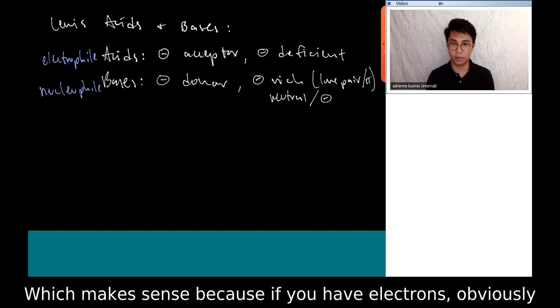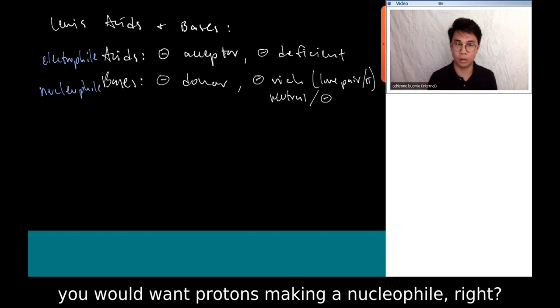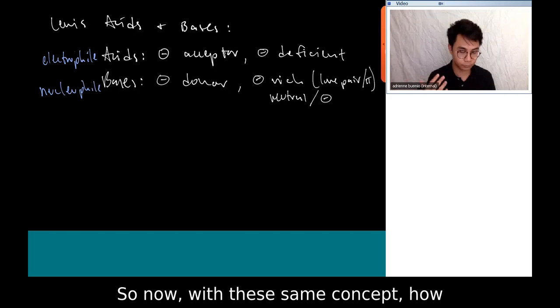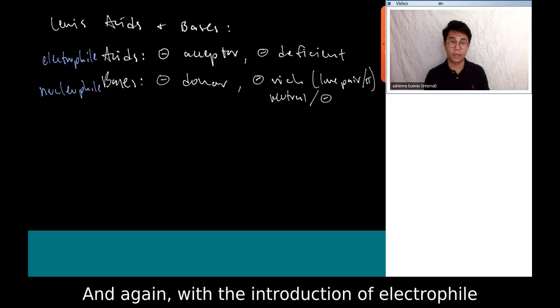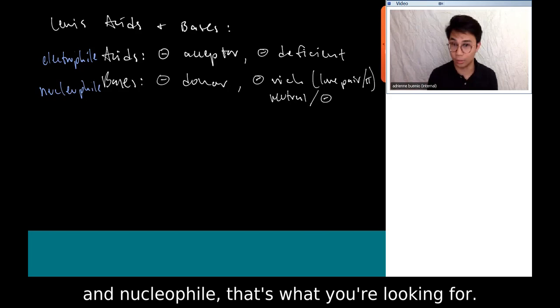Because if you have electrons, obviously you would want protons, making you a nucleophile, right? So now with these same concepts, how to determine if an acid or a base is the Lewis acid or base, again with the introduction of electrophiles and nucleophiles, that's what you're looking for.